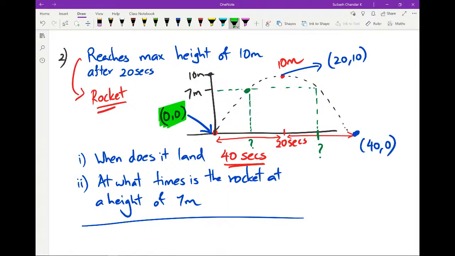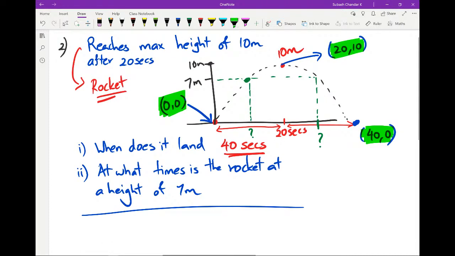So 0, 0, because after 0 seconds, it's at a height of 0 meters. My second point, after 20 seconds, it has a height of 10 meters. And my third point, after 40 seconds, has a height of 0. So those are the 3 points I'm using: 0, 0, 20, 10, and 40, 0.